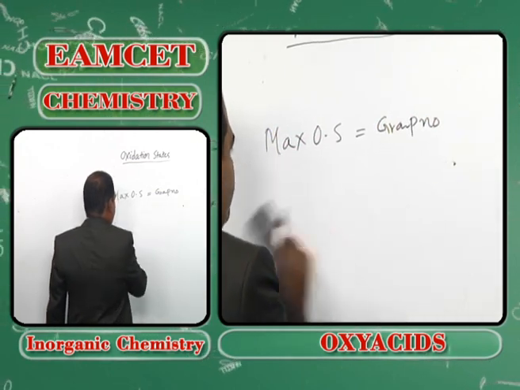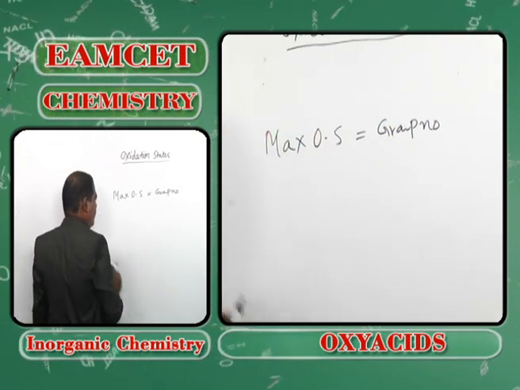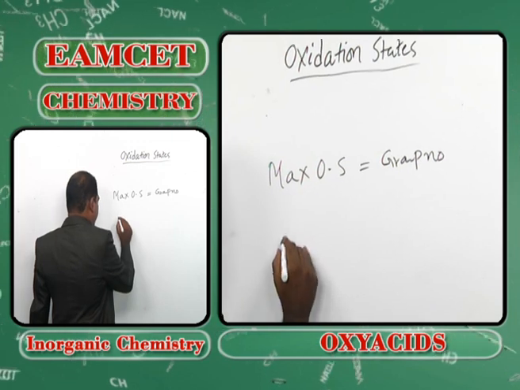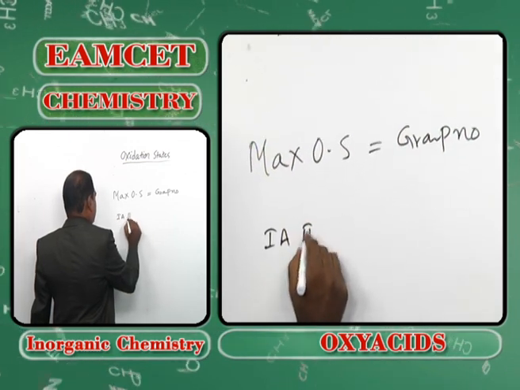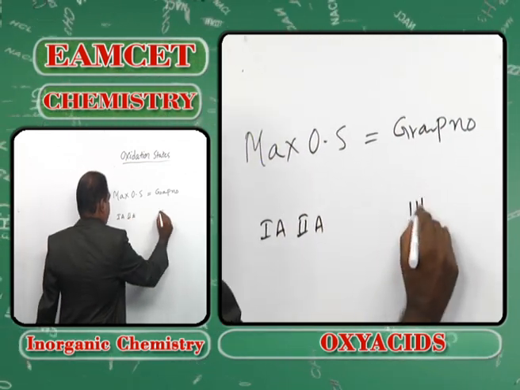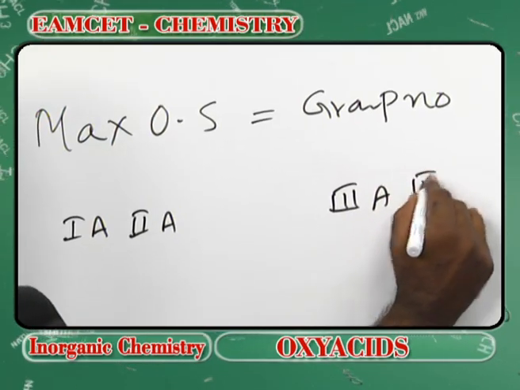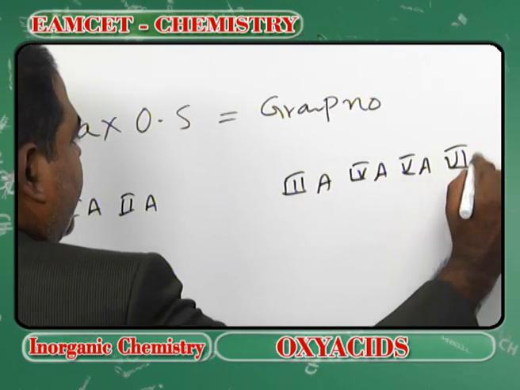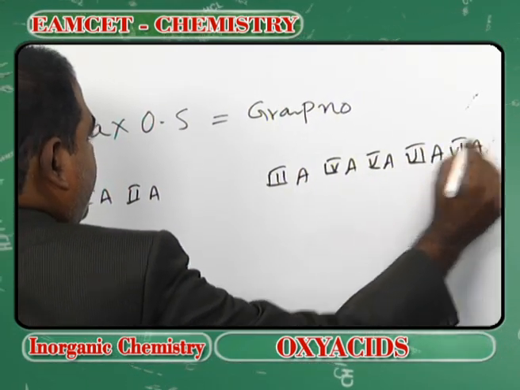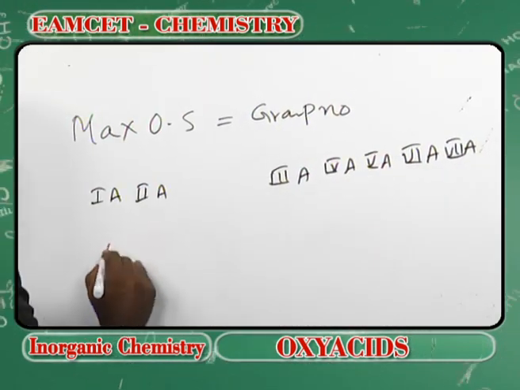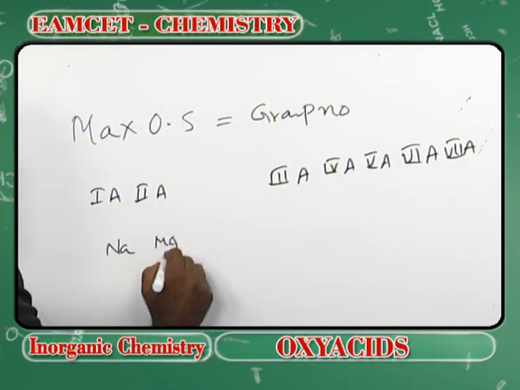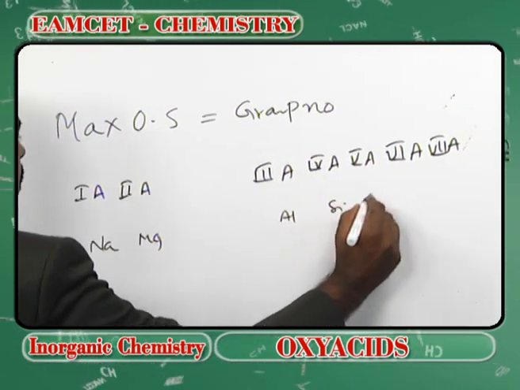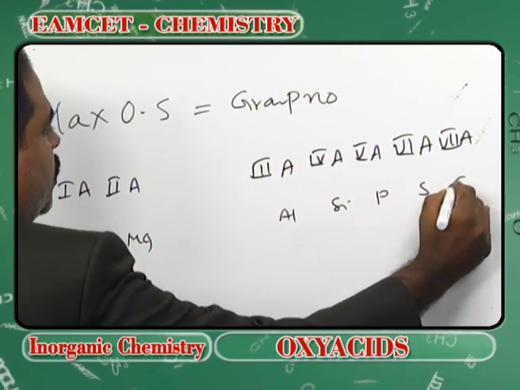Once again, maximum oxidation state is equal to group number. Let me give you at least 1 or 2 elements of each group: 1A, 2A, 3A, 4A, 5A, 6A, 7A. It's very important that you know. You have sodium, magnesium, aluminum, silicon, phosphorus, sulfur, chlorine.